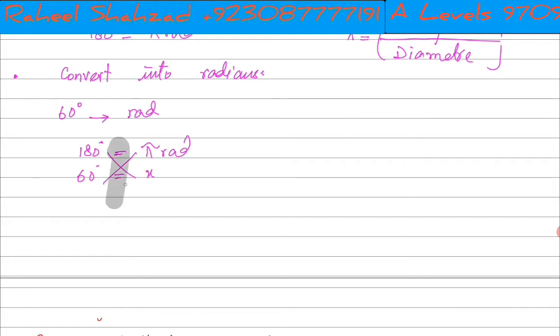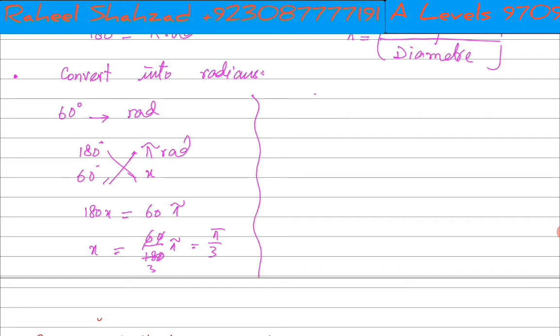So 180x is equal to 60 pi, so x equals 60 divided by 180 pi, that is equal to pi by 3.